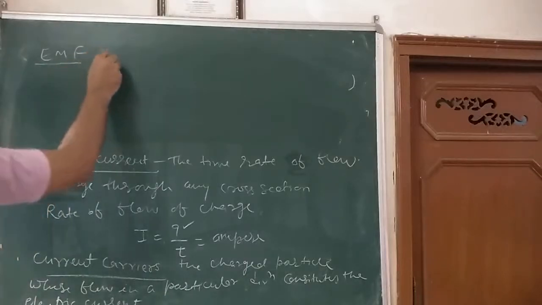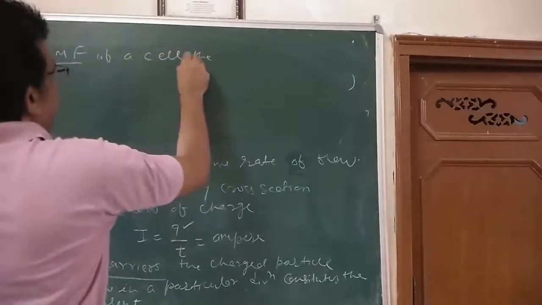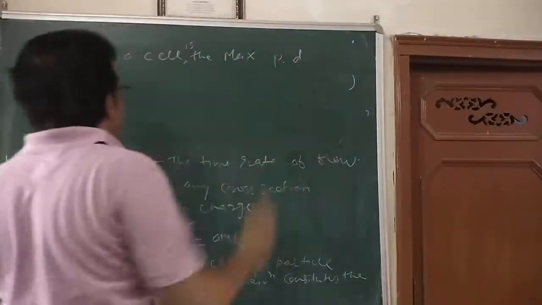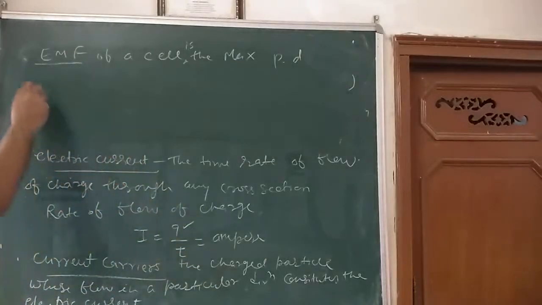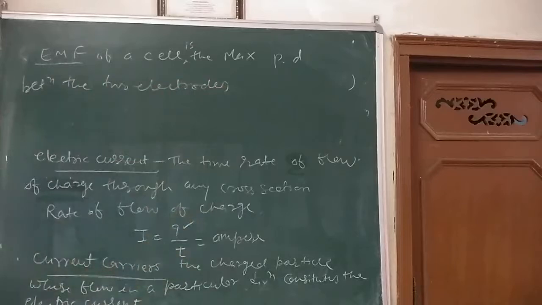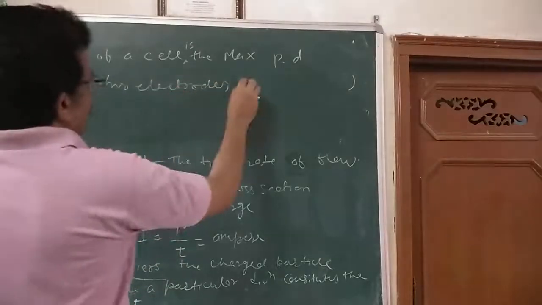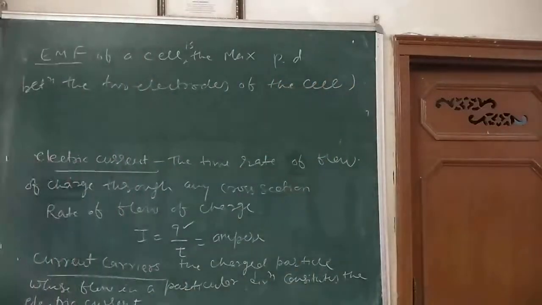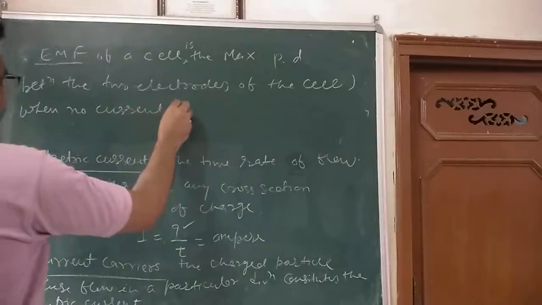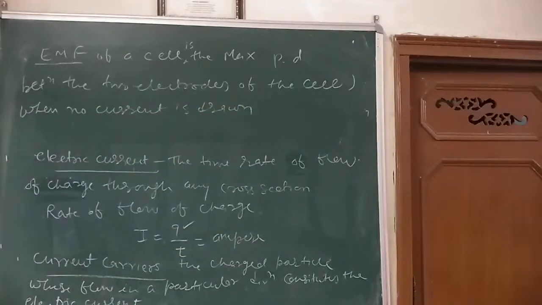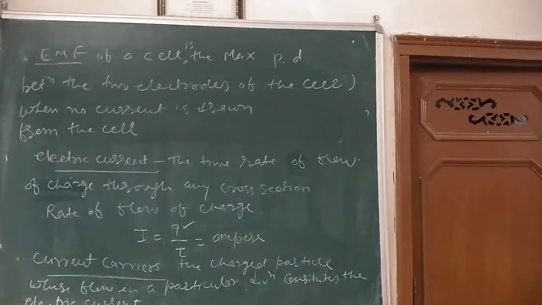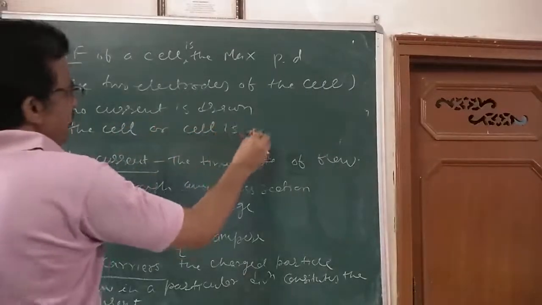EMF of a cell is the maximum potential difference between the two electrodes of the cell when no current is drawn from the cell, or the cell is in the open circuit.